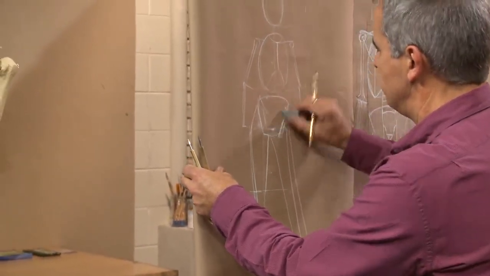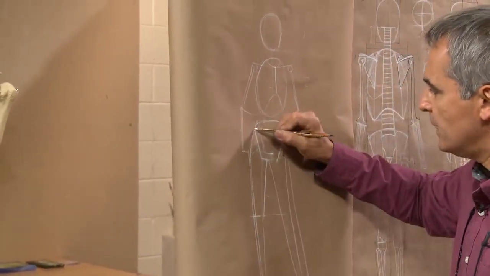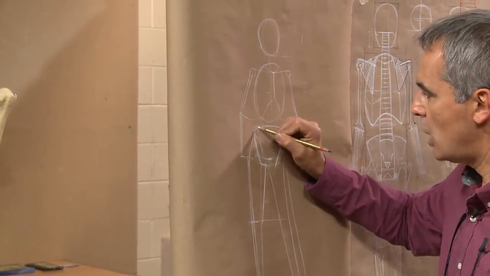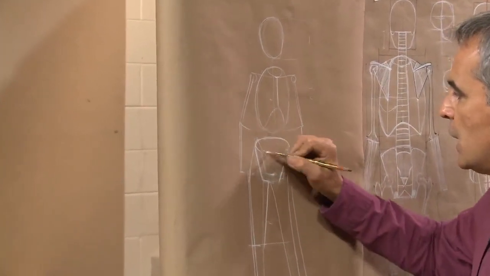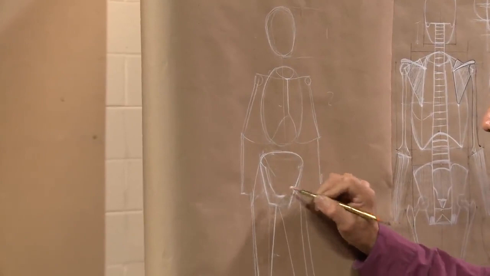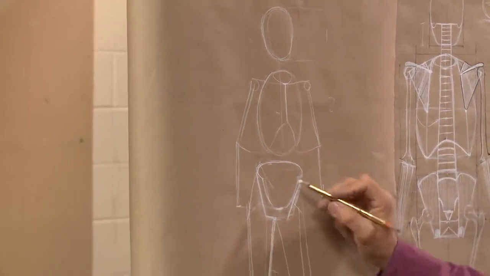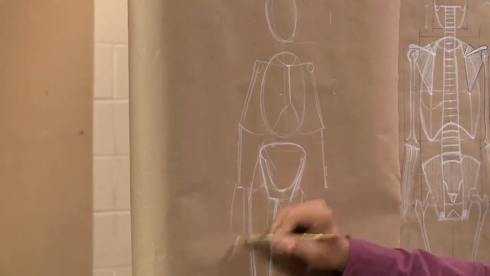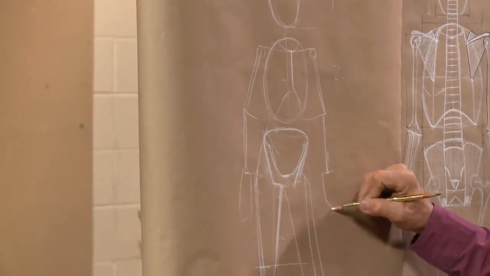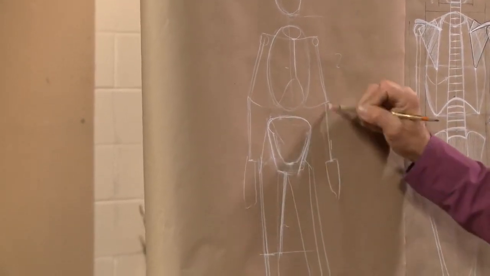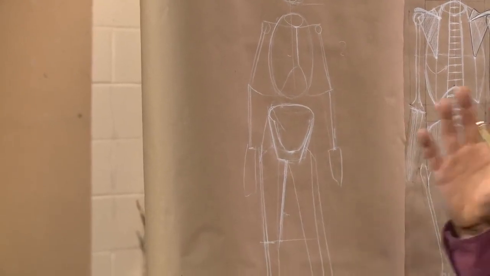So this, even if you're copying from life, it permits you to lock in the basic proportion, the basic volumes of the figure, and without getting lost into the details of the nostrils, of the eyelids, of those little beautiful details that the body has, but they can be very deceiving.